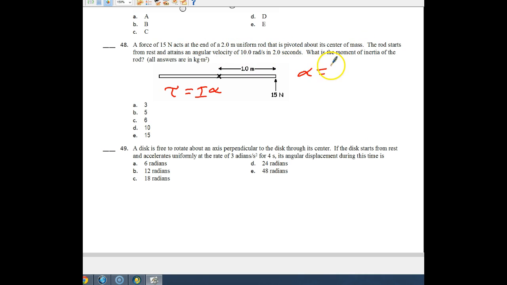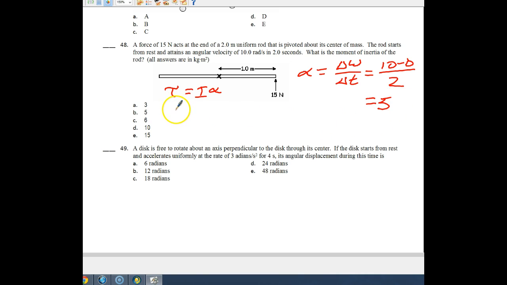So that starts at rest. We know that we want our change in omega over change in time. If it starts at rest, that's 0. And our final velocity here is 10 radians per second, and it moves to that speed in 2 seconds. So our angular acceleration here should be 5 radians per second squared.